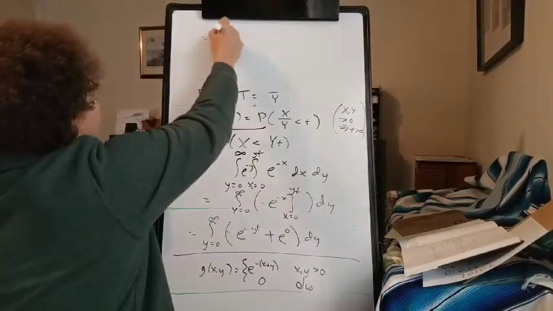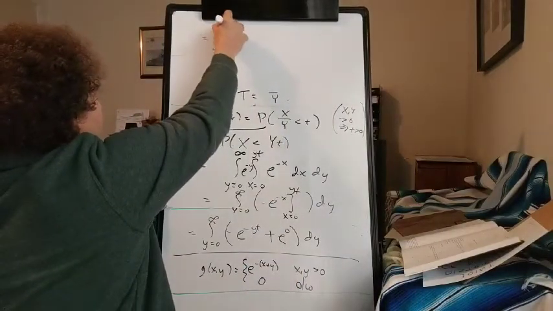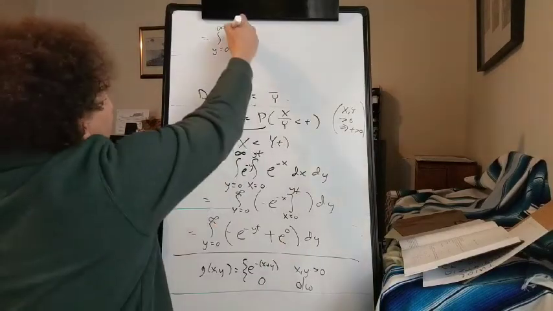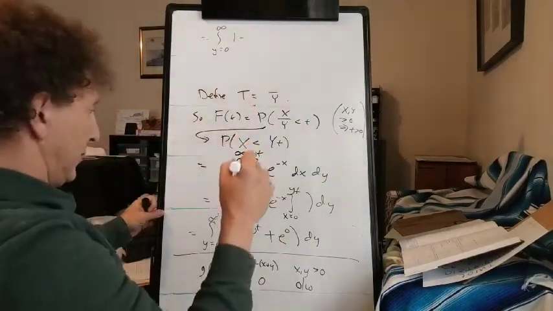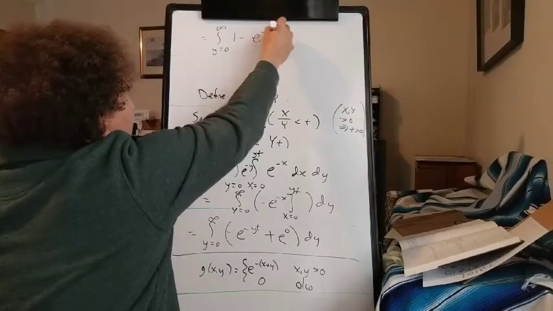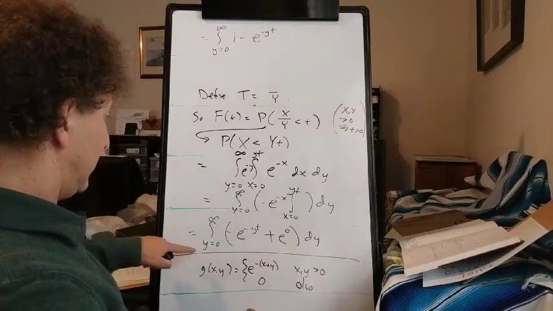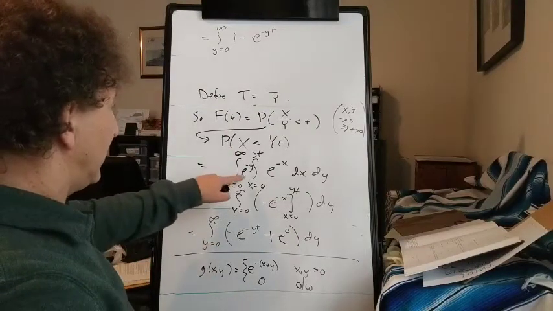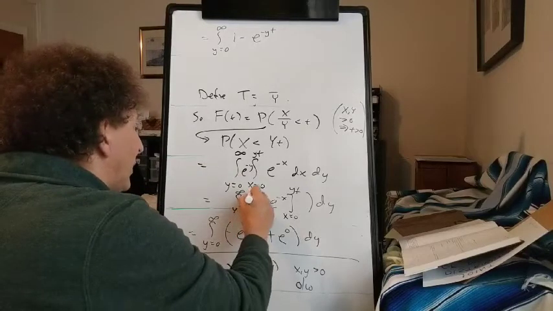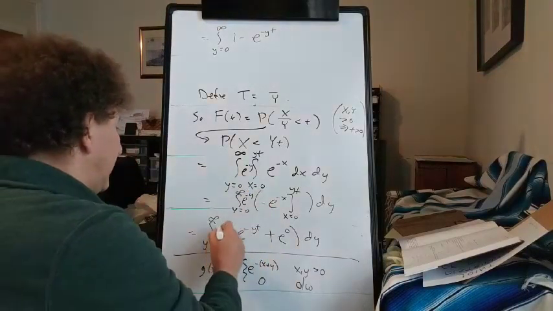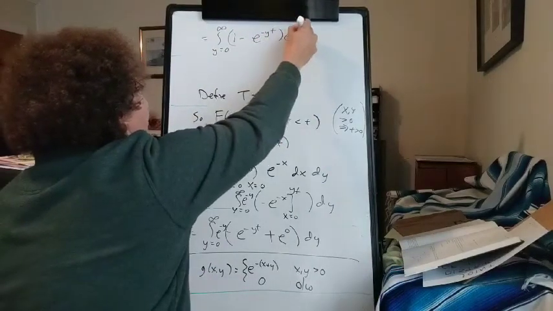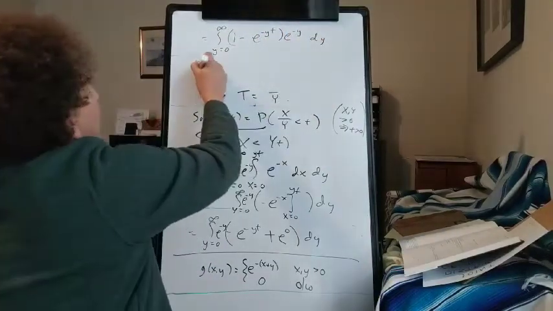This is the integral as y goes from 0 to infinity of 1 minus e to the negative yt, and there was an e to the minus y that mysteriously disappeared. There's an e to the minus y here, all of this times e to the minus y dy.